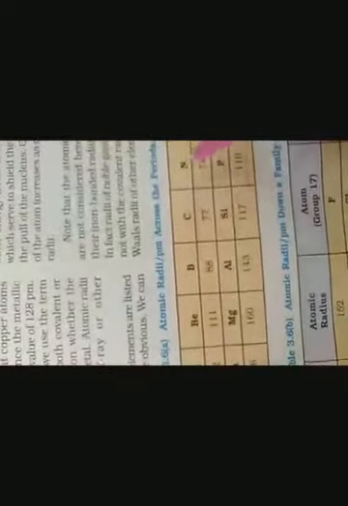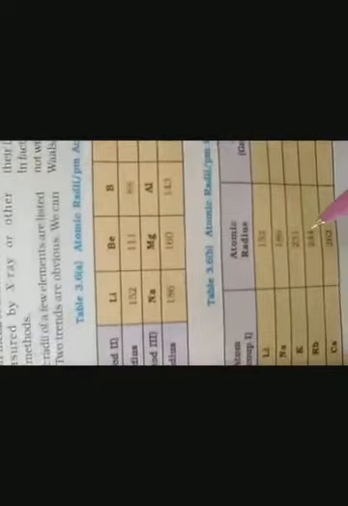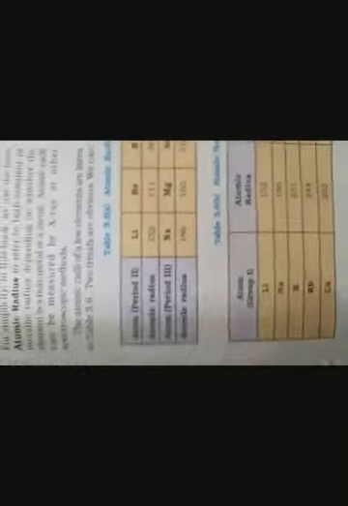So for the trend in periods, see, this is the table of atomic radii, and here I will show you the graph. Figure 3.4a, variation of atomic radius with atomic number across the second period.